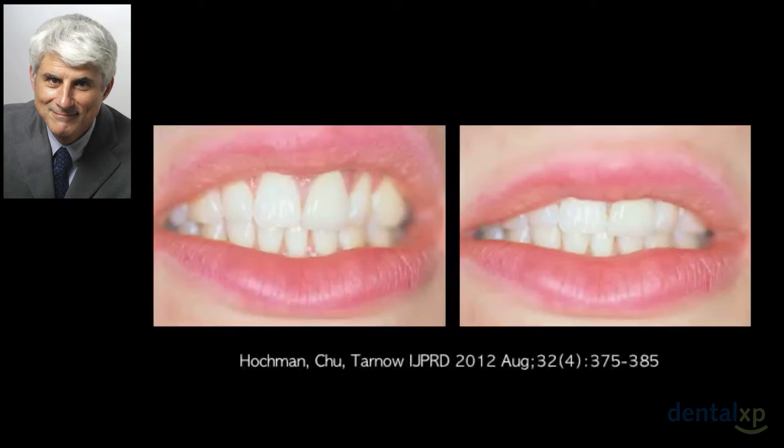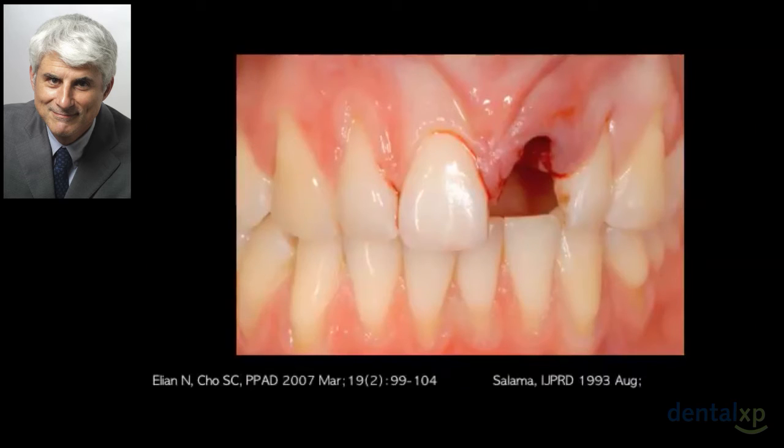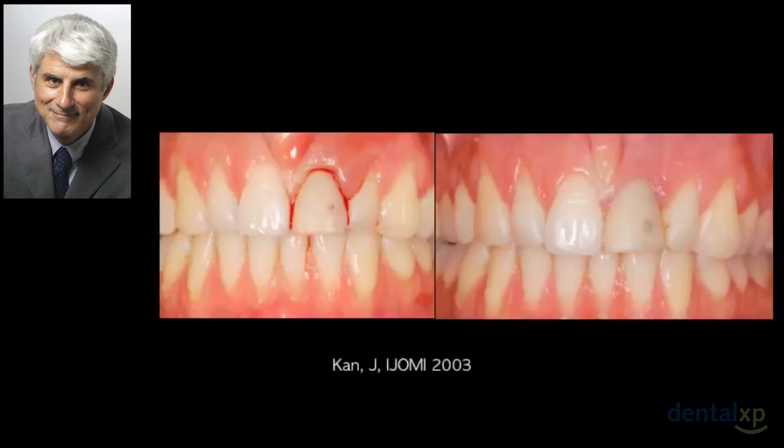So we decided at this point to replace this tooth with an implant. We extracted the tooth, and at the same time, we delivered a temporary crown. On the left side is the image of the tooth just inserted, and on the right side, you see the tooth that was already placed since 6-7 months.